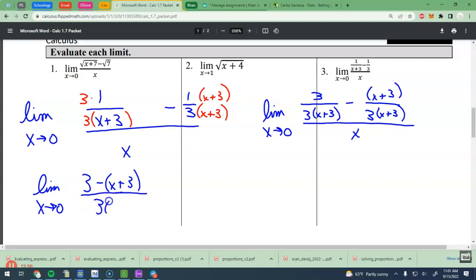So I have this. This is all divided by x. Still have that x on the bottom. I don't want to jump too much. We good there? So then this is really, if I distribute that negative, 3 minus x minus 3.